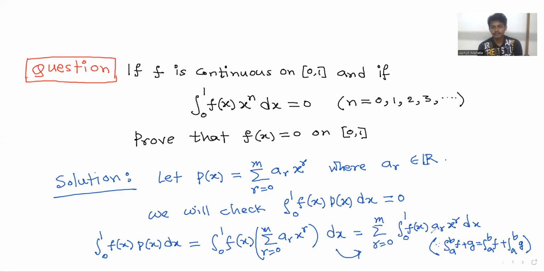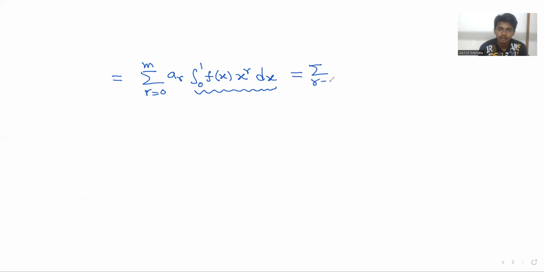Here we can factor out the constant, so this will be the summation r equals 0 to m of a_r times the integration from 0 to 1 of f(x) x to the power r dx. Now see this part. By condition this is 0, so we get the summation r equal to 0 to m of a_r times 0. So this is nothing but 0.